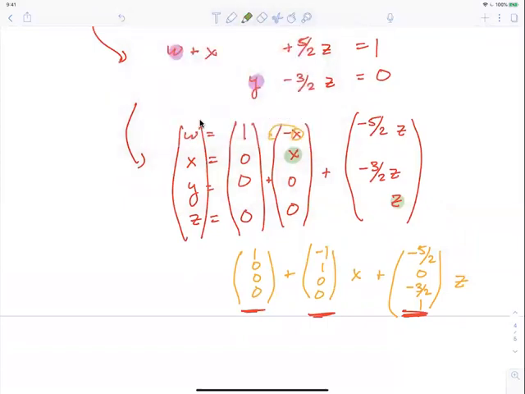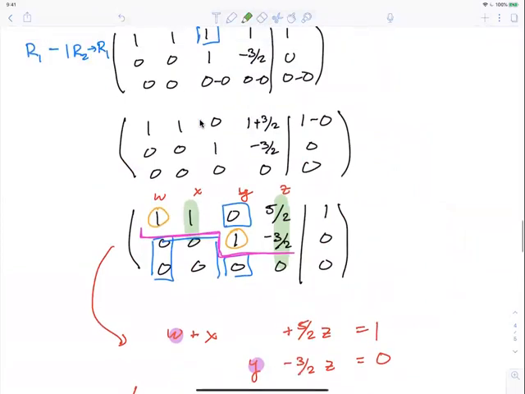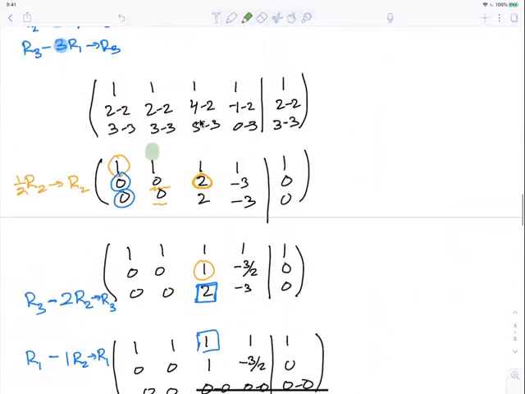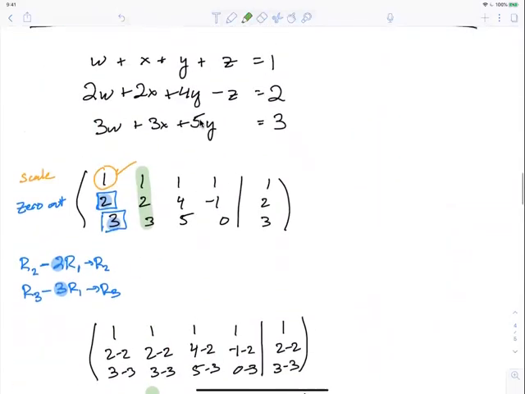Before we end, I just want to point out, we had X and Z as our free variables. And so if we go back, you may say, okay, well, when I pointed out at the beginning that the second column was exactly a multiple of the first, well, that's not exactly evident here, right? That's not exactly evident for that last column.